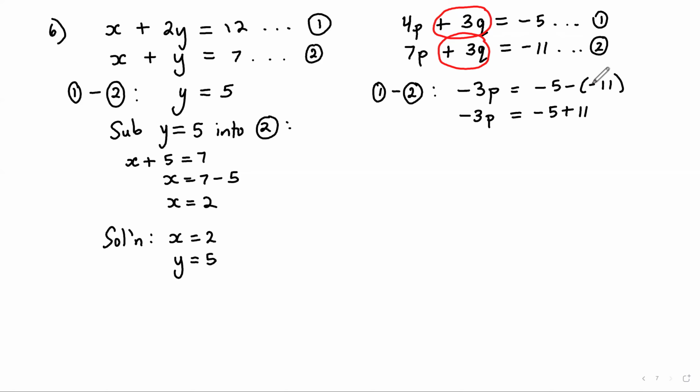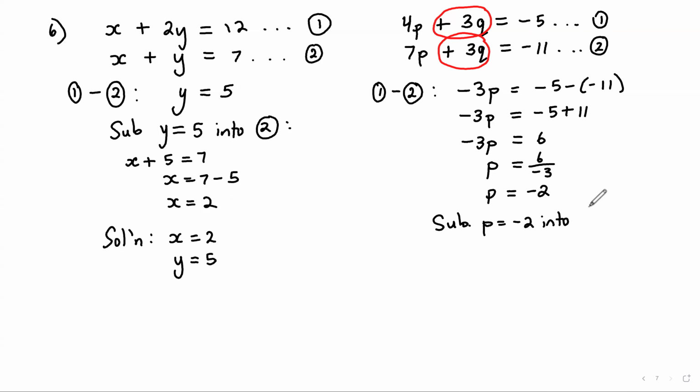Because this negative and this negative will change into a positive. Two negatives make a positive, right? So negative 5 plus 11 is positive 6. So negative 3p is equal to 6, and therefore p is equal to 6 divided by negative 3, and that gives me negative 2.